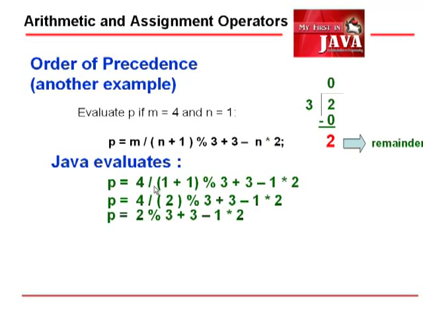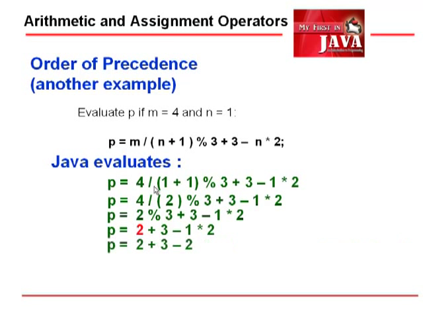We substitute 2 in our expression, so that would be 2 plus 3 minus 1 multiplied by 2. What would you think would be evaluated next? Of course, multiplication, 1 multiplied by 2. So we have here 2 plus 3 minus 2. Next, from left to right, since addition comes first, it will be evaluated first. So it would be 5 minus 2. And our final answer is 3.